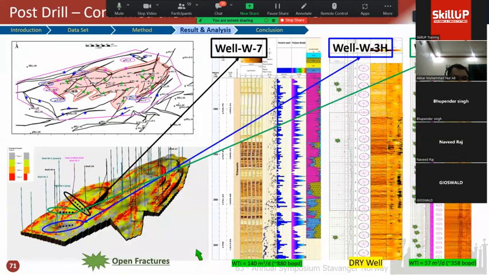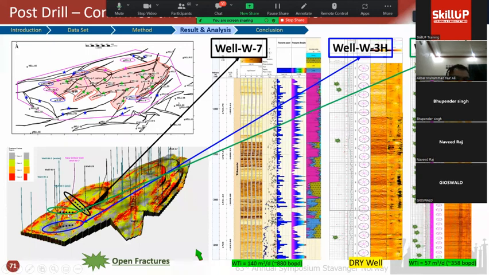One thing that is good as well from this model: for example, we have well number 7, which was just drilled, and we have another two horizontal wells. You can see here, it is a dry well. And what we see here is that no red color was penetrated during the drilling. You can see from the image log that only 4 fractures can be identified from the image.